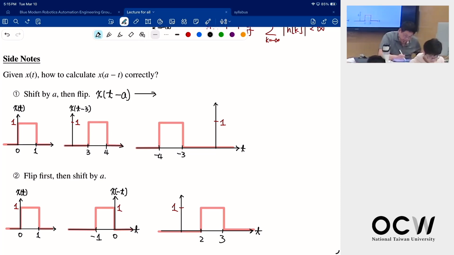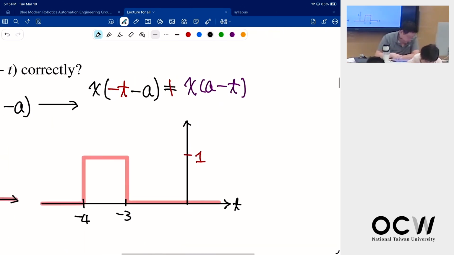If I shift by a and then flip, when I flip, I only flip t. So here we have minus t and minus a. So apparently this is not x of a minus t. So it is not equal. This is x of minus t minus 3.